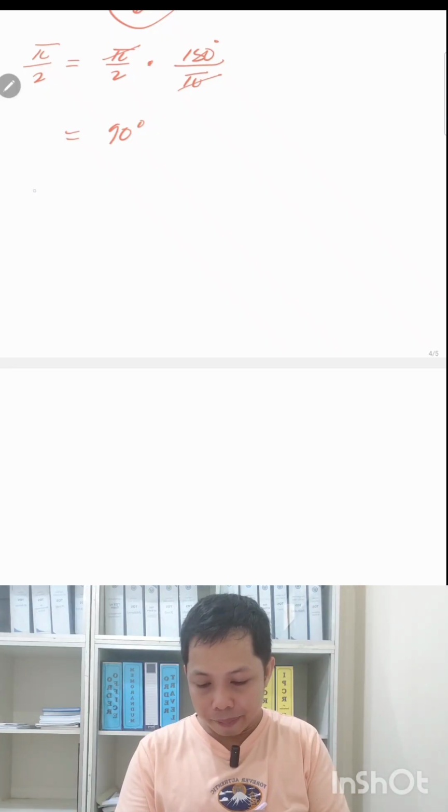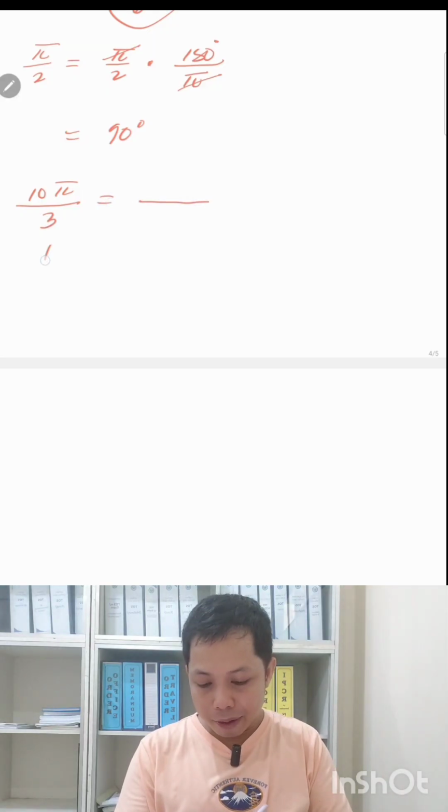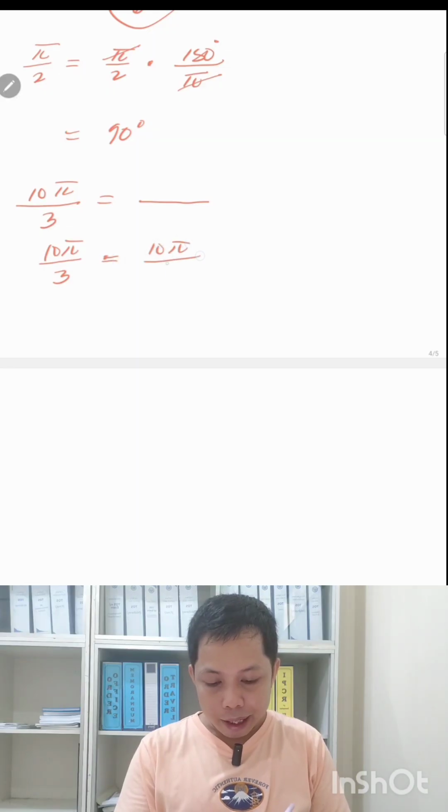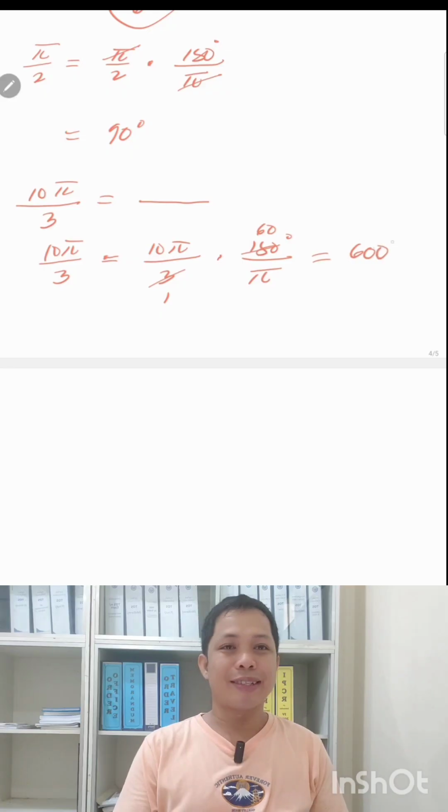What is 10 pi over 3 in degree measure? 10 pi over 3 radian multiplied by 180 degrees over pi. Now, they are both divisible by 3, right? So we can cancel out. This is 1, this is 60, right? So the answer would be 600 degrees.